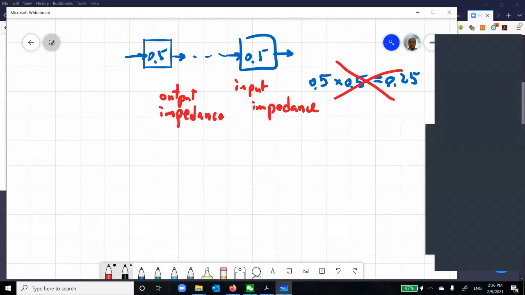So why in this case? It's very simple here.